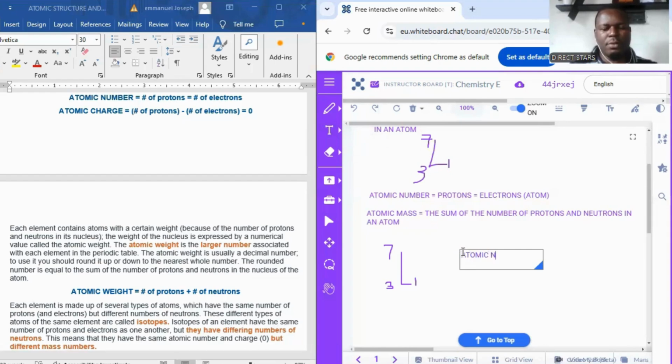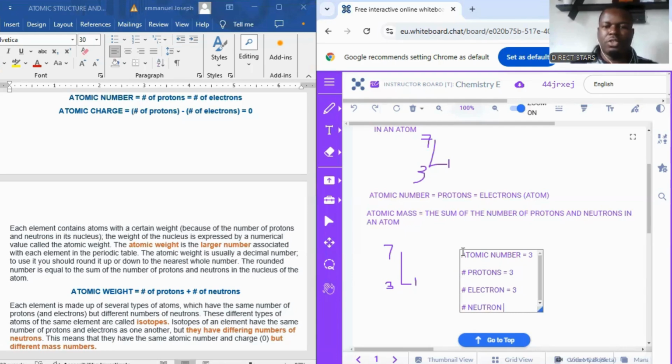Look at the atomic number equals 3, and then the number of protons also becomes 3, because that's what determines your atomic number. Okay, and then the number of electrons. Since this is an atom, the number of electrons also will be equal to 3, okay, to ensure neutrality.